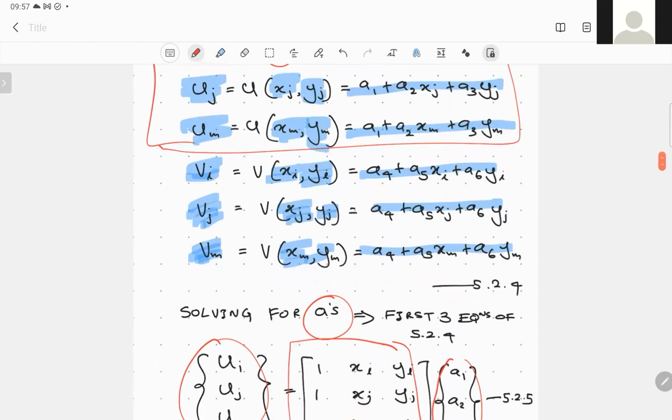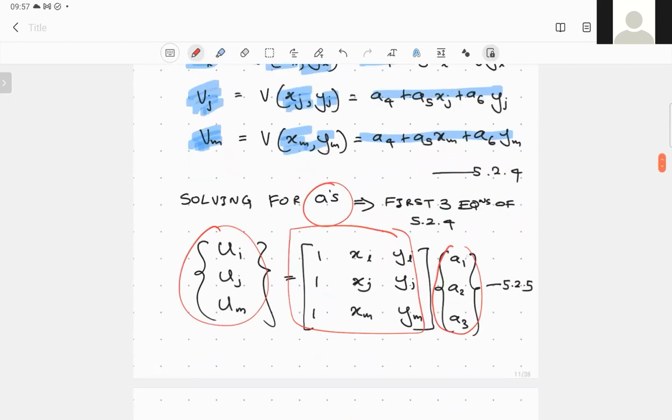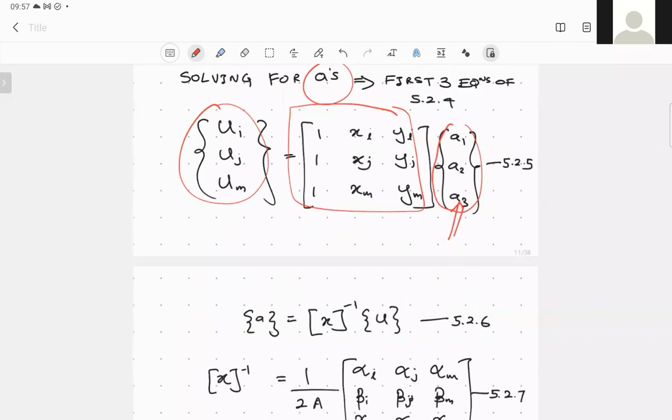So in order to find the a values here, what do we have to do? We have to take the inverse. In order to find the a value, you need to multiply with the inverse of this matrix. Let's call this matrix X. If this is the X matrix, you have to multiply it with the X inverse in order to find the a value. So on the left hand side also, this has to be multiplied using the X inverse matrix.